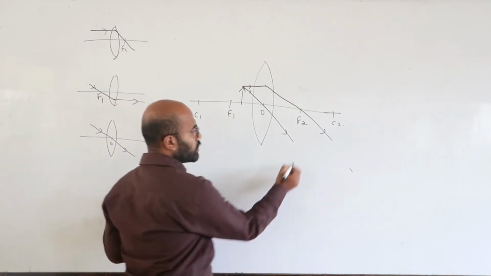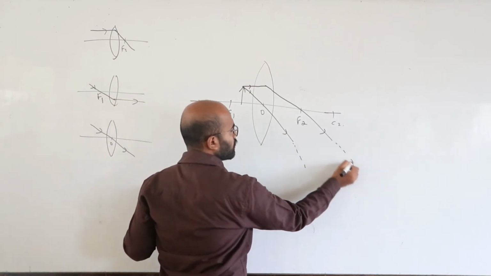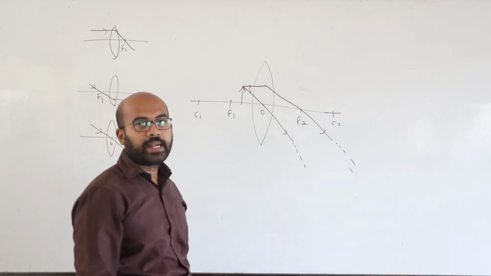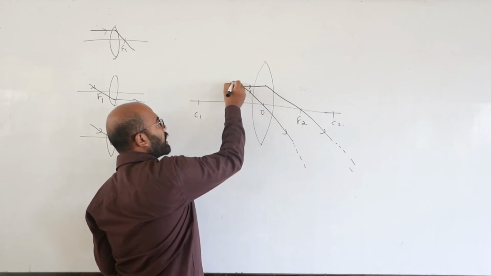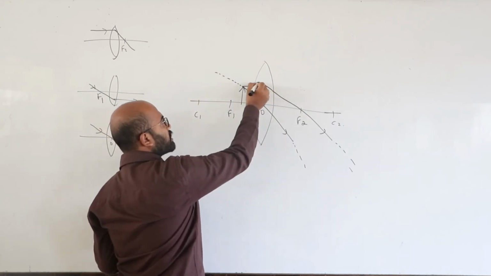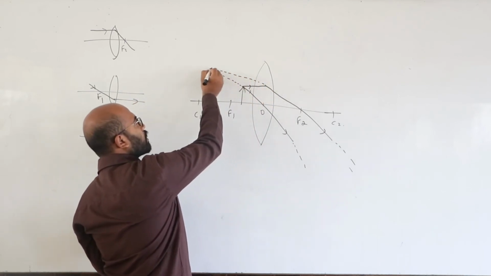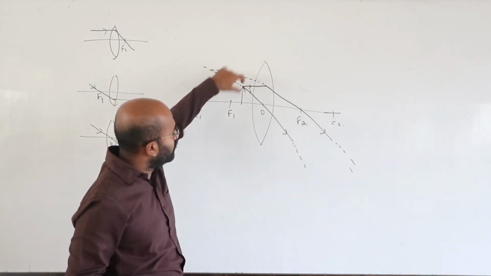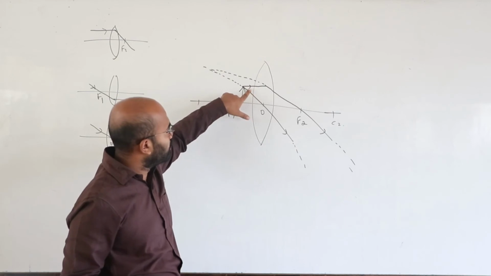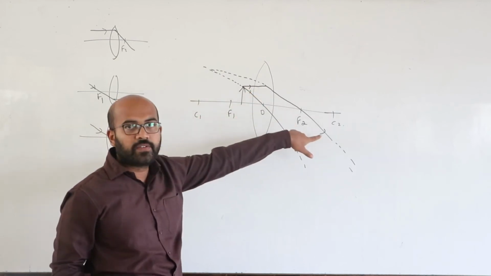If you look at these two ray diagrams, the rays which are getting refracted from a convex lens, when I extend this behind, they are coming from a common point. The light ray parallel to the principal axis after refraction passes through the principal focus.